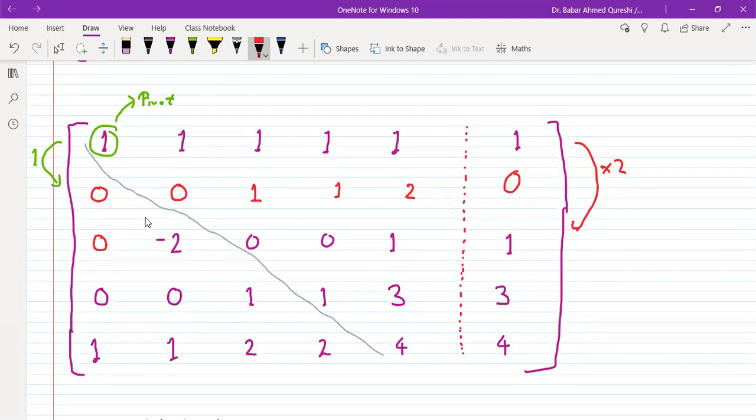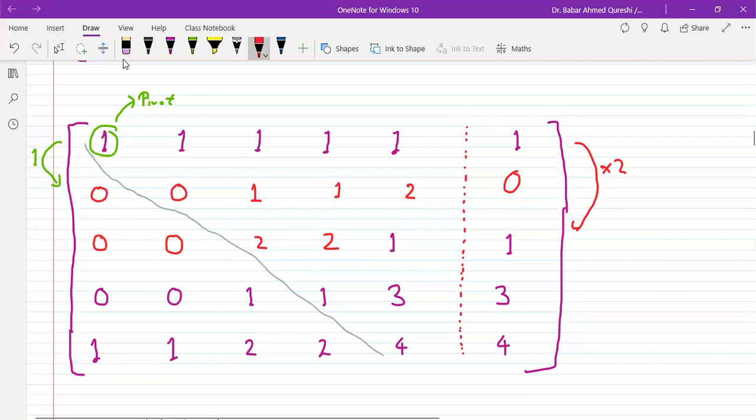So I got a 0 here, multiply by 2 and add to it, this was a -2. Again, I get a 0. And multiply by 2, add to this one, you get a 2. And over here, I get a 2 again.